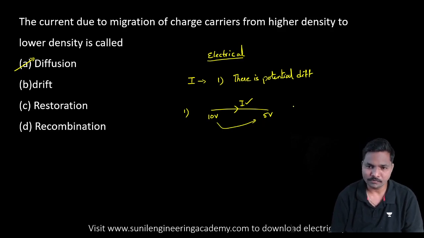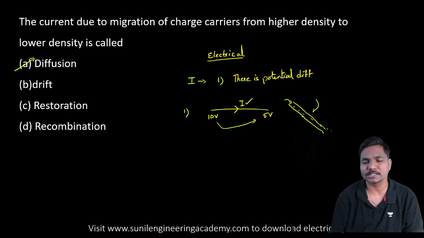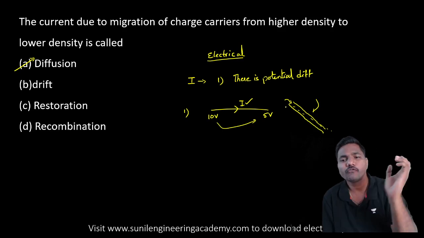It is like a pipe placed at an angle: if you pour some water here, the water can easily move. Why? Because there is a height difference. Whenever there is a height difference, water can easily flow by its nature without any external force.